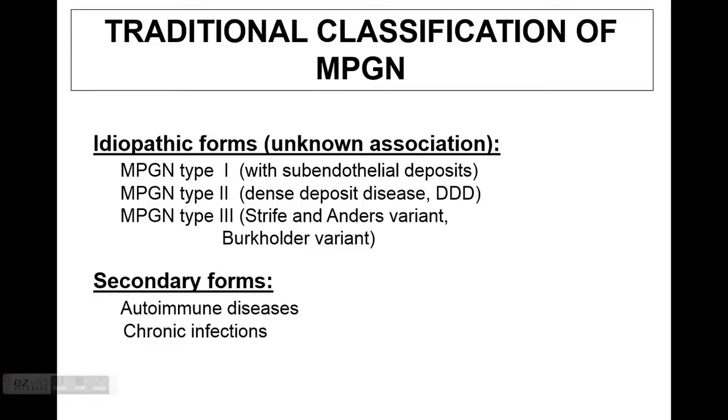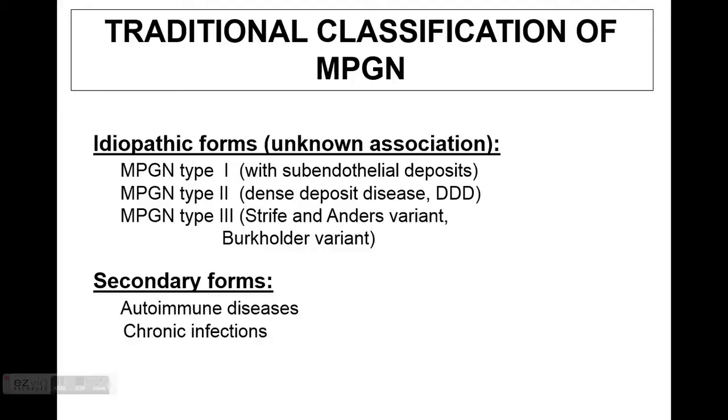In traditional classification of MPGN, what is recognized is that we have idiopathic forms and secondary forms, and the emphasis is given to these idiopathic forms, and then we went on to classify that into type 1, 2, and 3, and I will really be blunt and say right away here that this is really not important at all.